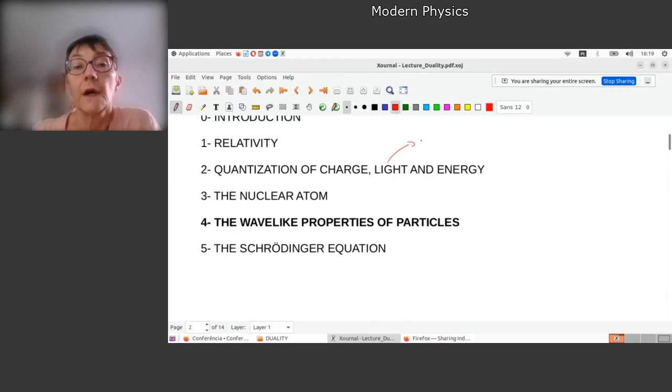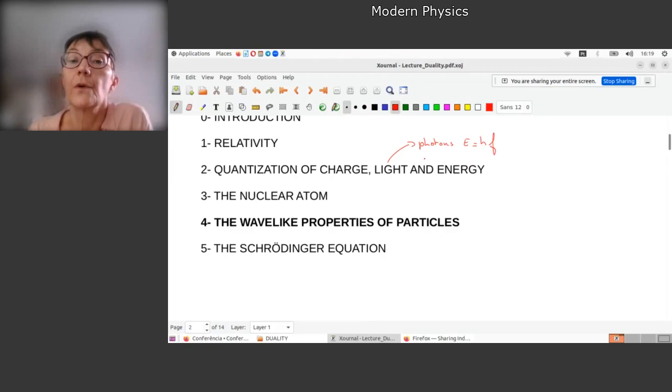Light is constituted of packets of energy called photons. They have an energy which is proportional to the frequency, which I will call f, of the light, through the Planck constant.